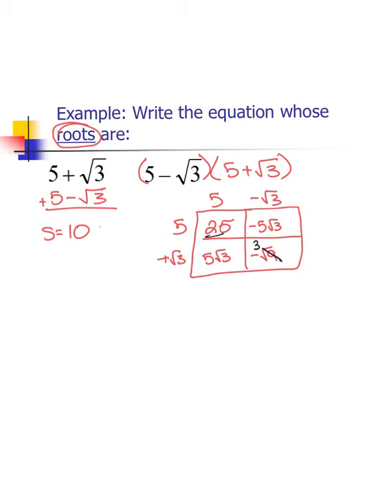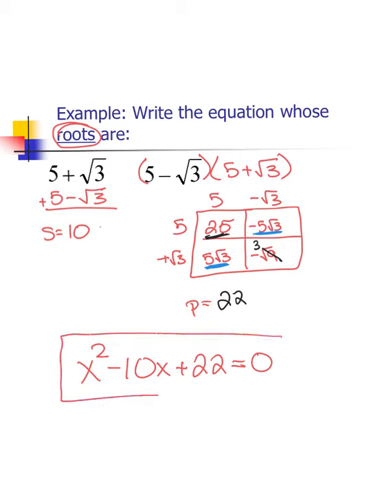So 25 minus 3 is 22. And then if I look at the radicals, 5 radical 3 minus 5 radical 3 is nothing. So that tells me here that my product is 22. So it becomes x squared, the opposite of the sum, then the product, and then equals 0. This is my equation, if those are the roots.